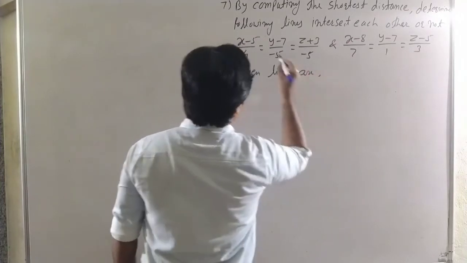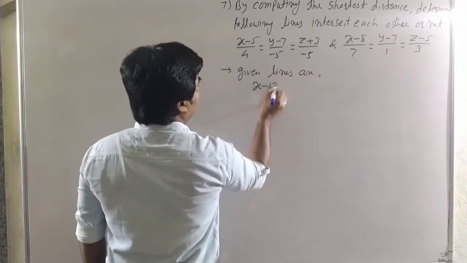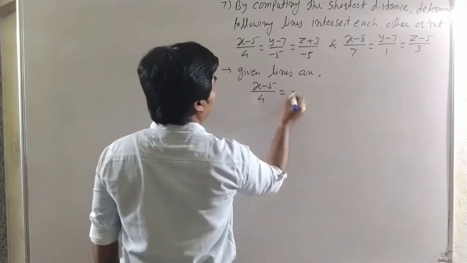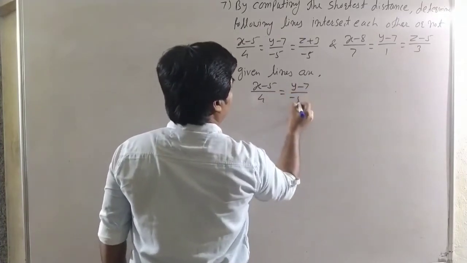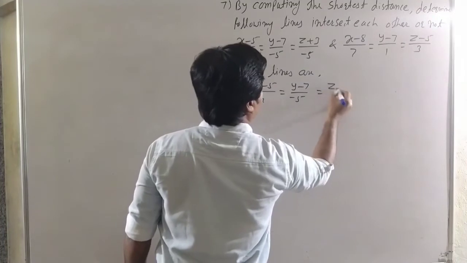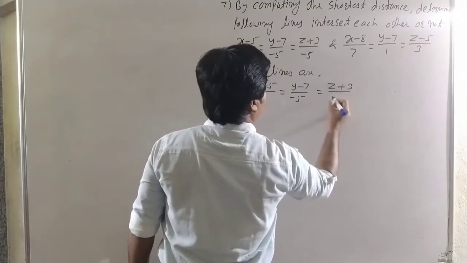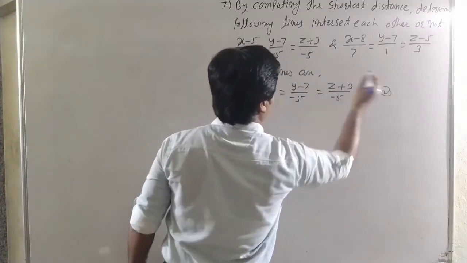Given lines are, the first line (x minus 5)/4 = (y minus 7)/(minus 5) = (z plus 3)/(minus 5). It is equation number 1.